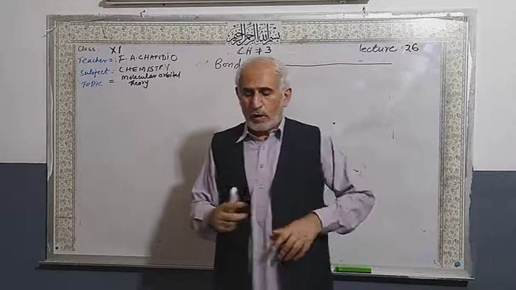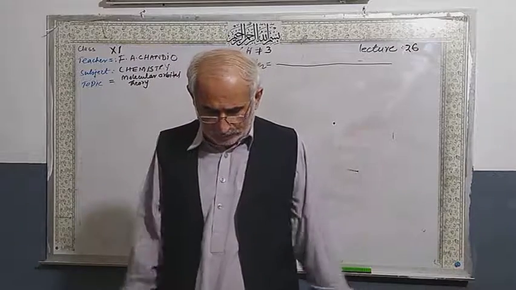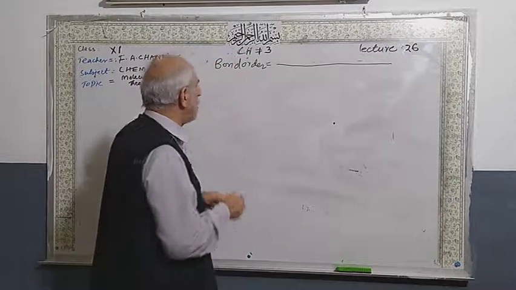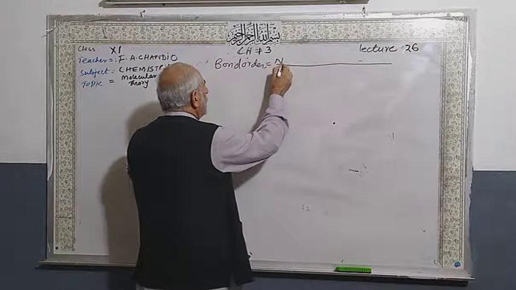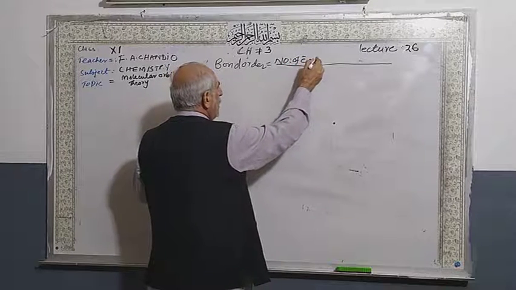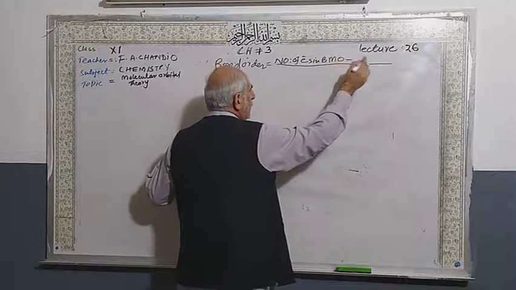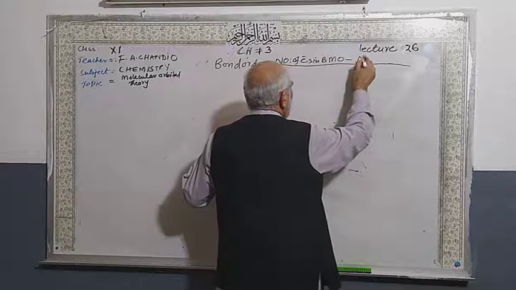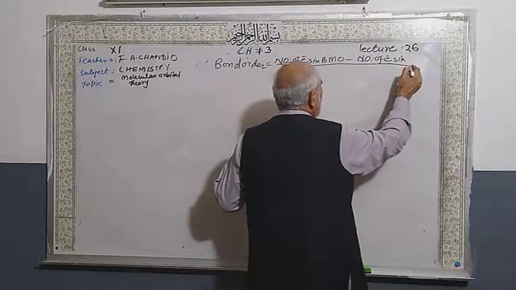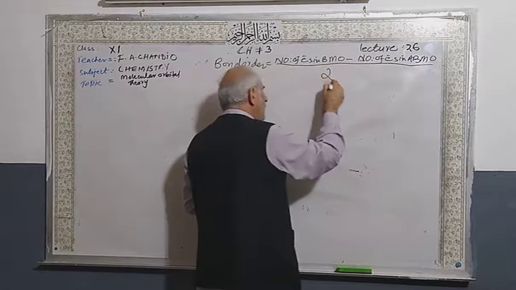The formula of bond order, if you see your book, is the number of electrons in bonding molecular orbitals minus the number of electrons in antibonding molecular orbitals, divided by 2.